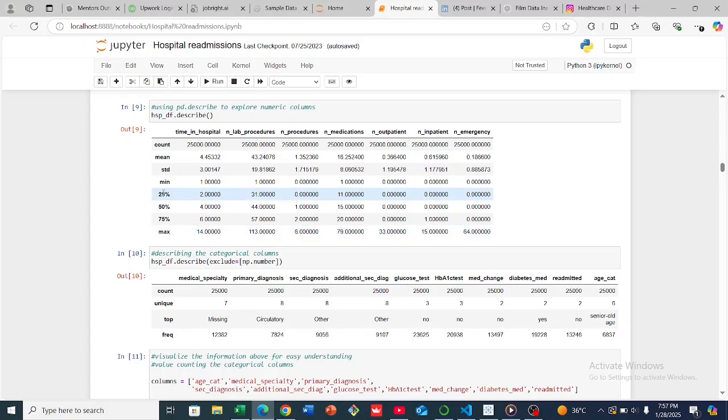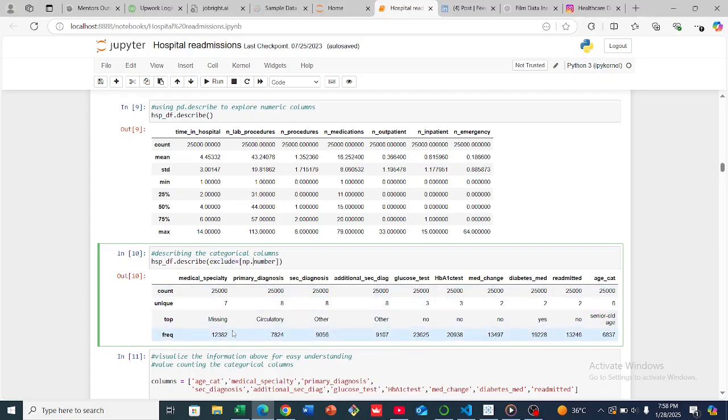We can also see the 50%, which is the median. The next thing I went ahead to do was also to use the .describe method on our categorical columns, and to do that I have to add the exclude argument and set it equal to np.number, so that it can give us information regarding our categorical columns.